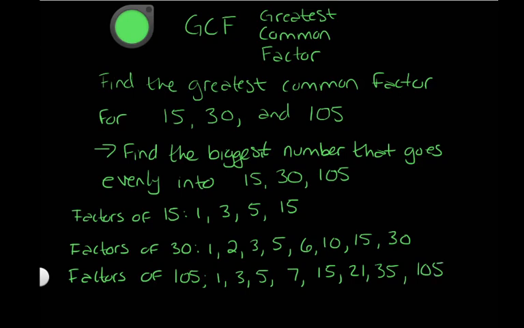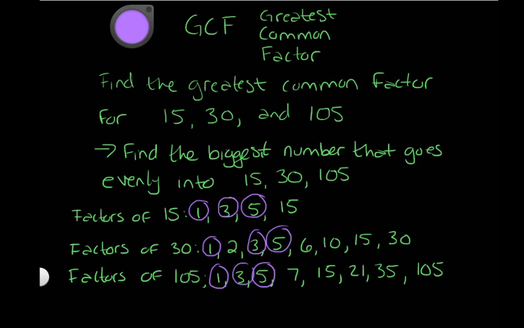All right, so we have a list of factors now. So what we need to do is find the common factors. So factors that are the same between all three of these numbers. So all of them have 1. All of them have 3. All of them have 5.